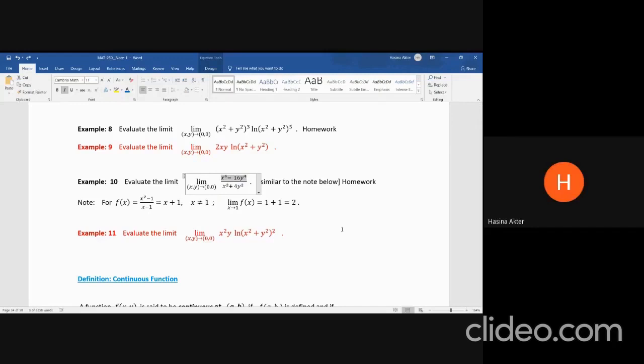So you can reduce a plus b from numerator and denominator, then you will be left with x square minus 4y square. And in place of x square minus 4y square, if you plug in the approximation 0 for x and 0 for y, then you get 0. The limit is 0. Is that good to everyone? Yes, miss. So limit is 0.